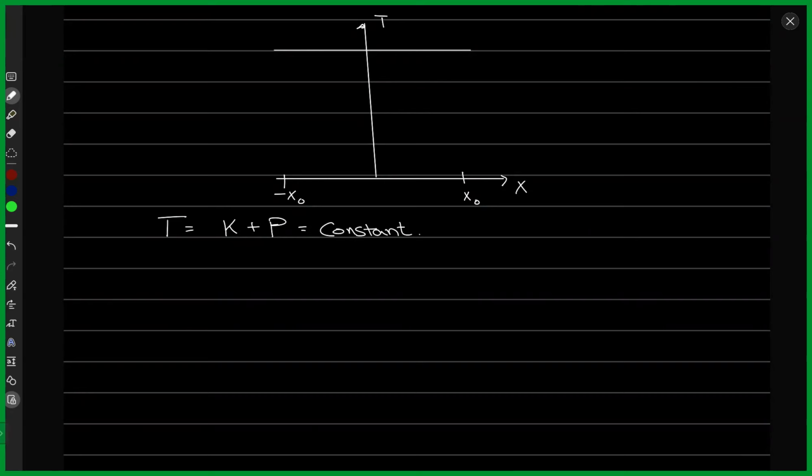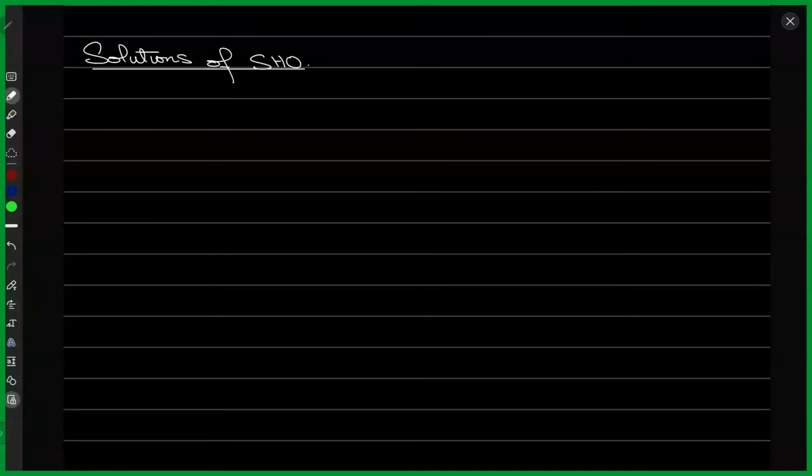Right. So now let's talk about some of the equations, or the solutions, of a simple harmonic motion. What does that mean? Remember, I talked about this equation, m d squared x by dt squared equals minus kx.